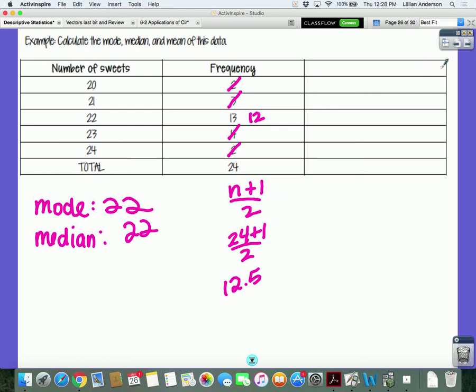If you count, 2 plus 3 is how many? 5. Plus, what's 5 plus 13? 18. The 12.5th entry is going to lie within the 22 range, because you basically have 18 pieces of data by the time you reach the end of the 22s. And since there were 2 here, 3 here to make a total of 5, your 12th entry is going to be here with 22.